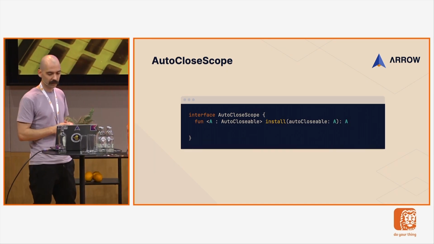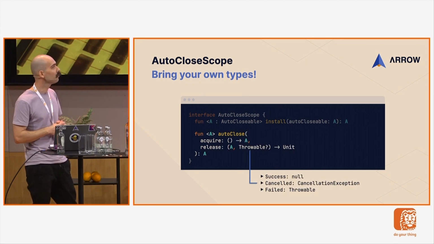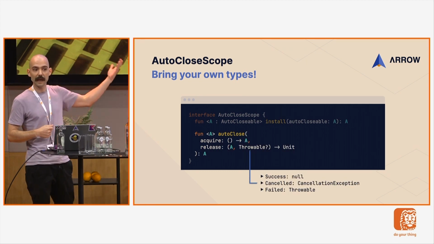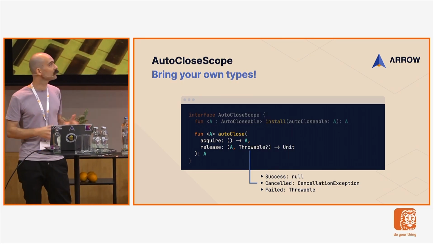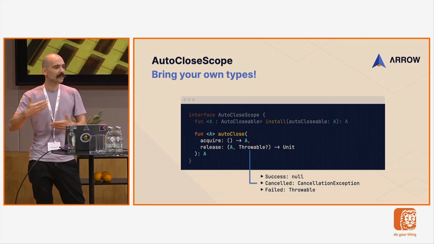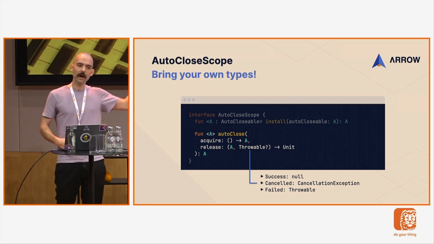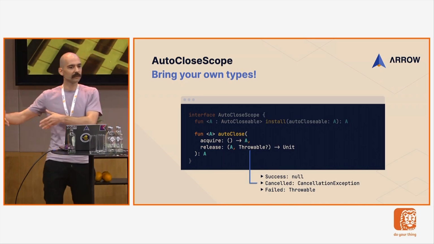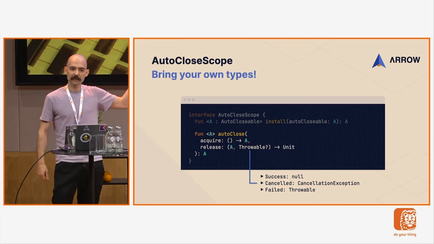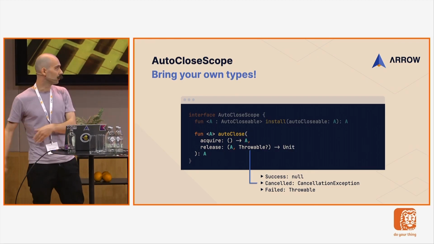But most DSLs, actually all DSLs in Arrow, are defined in a single abstract method. Here the single abstract method is the autoClose method, which is a generic signature of acquiring a resource or an AutoCloseable type, and then at some point in the future, finalizing that value of type A with a potential exception that occurred.